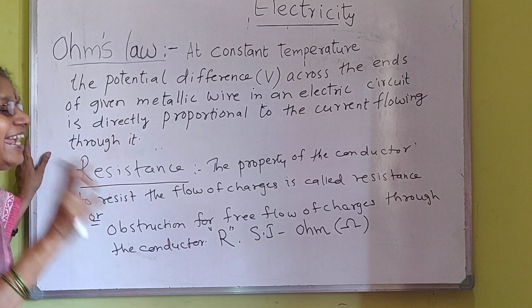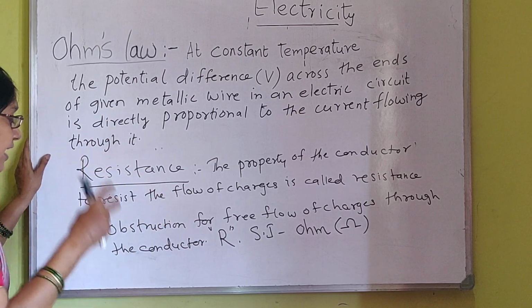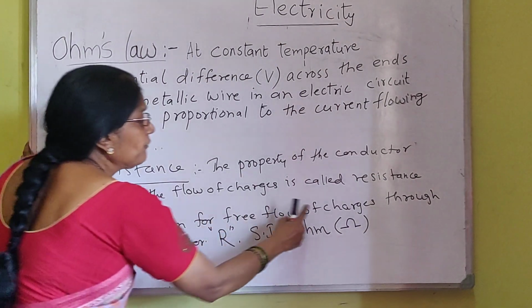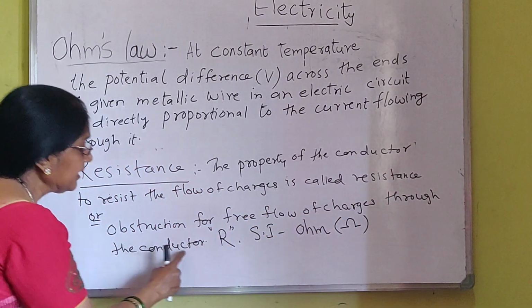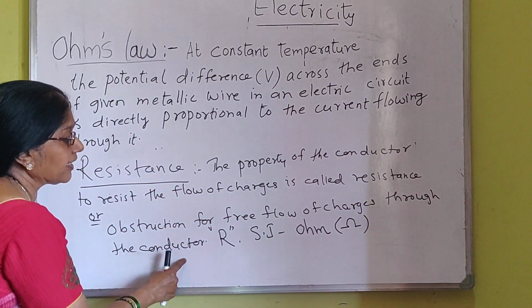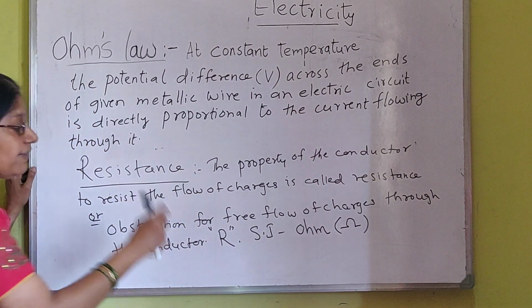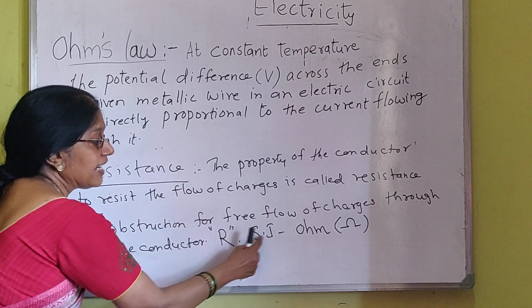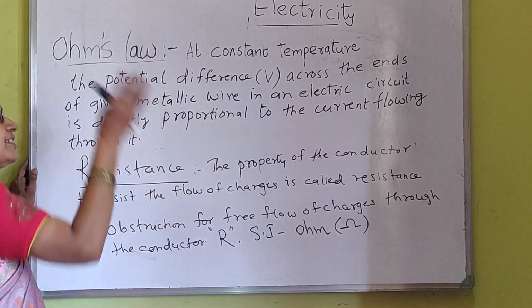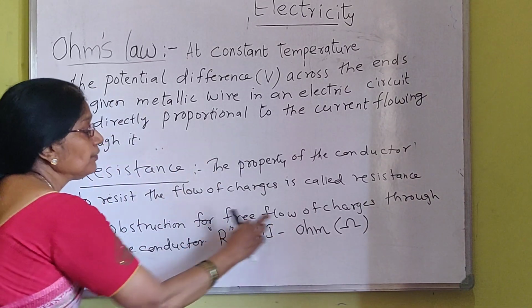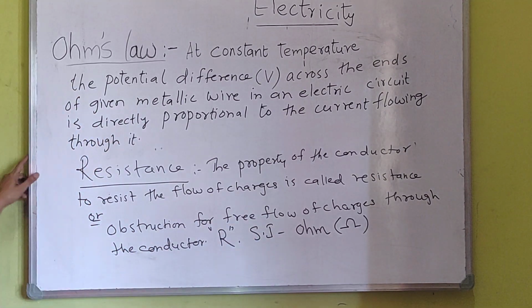Something is obstructing, and the obstruction for free flow of charges through the conductor is called resistance. And the resistance is given by capital R, and its SI unit is named after the scientist Ohm. So SI unit of resistance is ohm.